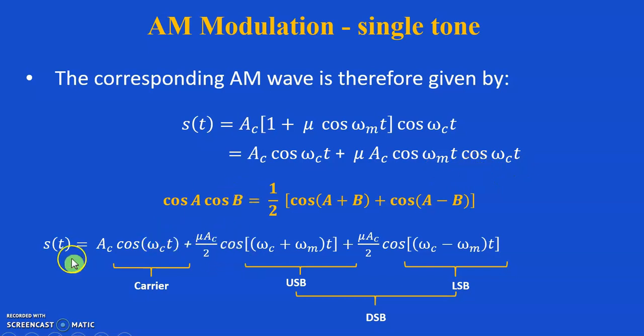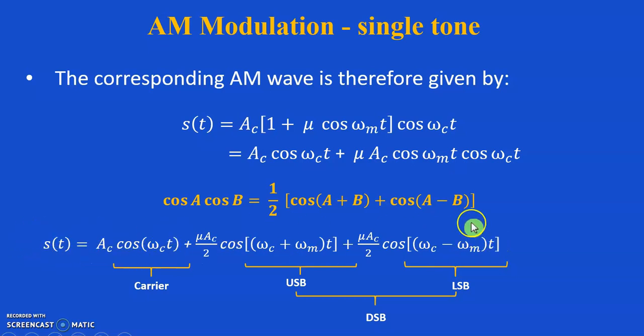So we will have S of t equal to AC cosine omega ct plus mu AC over 2 cosine (omega c plus omega m) t plus mu AC over 2 cosine (omega c minus omega m) t.